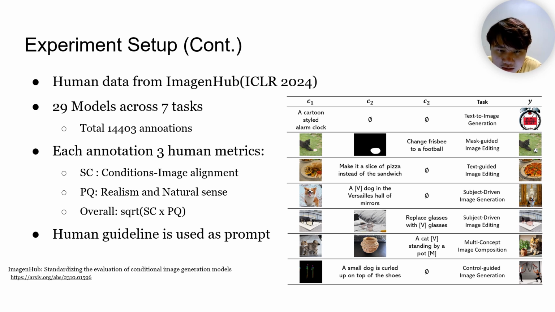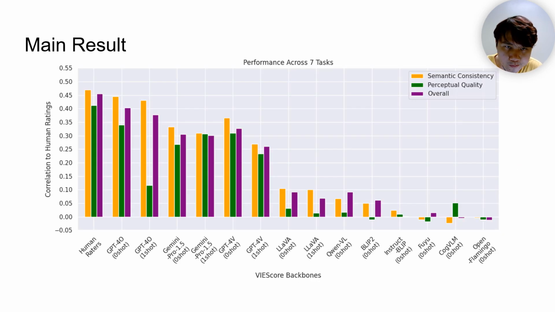In those tasks, from the figure you can see those C1, 2, 3 are the conditions according to the task, and Y is the synthesized image. With this all set, we run our VIEScore across the 7 tasks with different MLLM backbones.